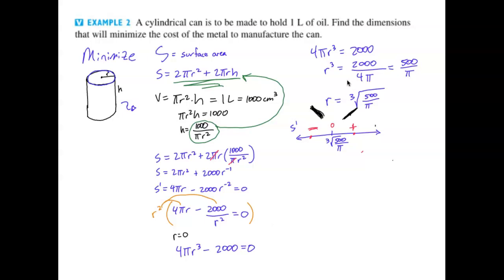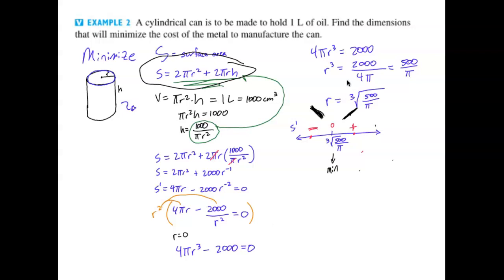Okay, which means what's going on at the cube root of 500 over pi? That's a minimum. And look, this has to be also the absolute minimum, namely because this is quadratic, and if it's a minimum on the quadratic, it's the absolute minimum. It's the bottom of the parabola, right?